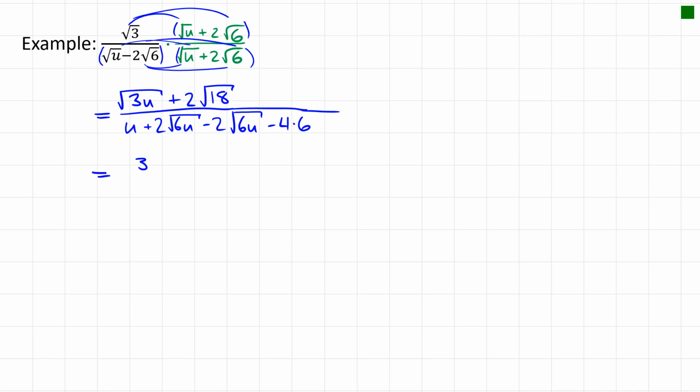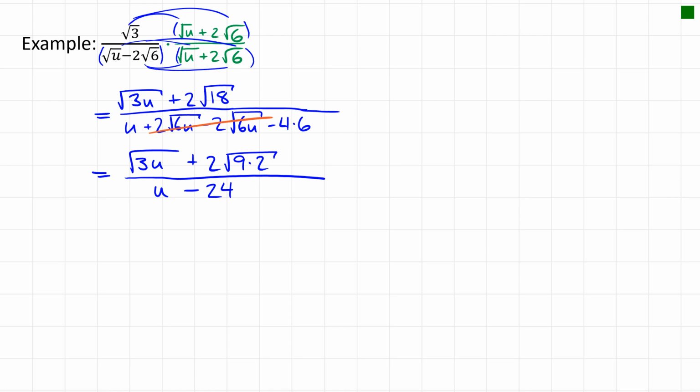So as I said, in the numerator I have 3 root u plus 2, and I can simplify root 18 by using 18 is 9 times 2. And in the bottom, I see that cancellation happen in those radical terms, and I'm left with just u minus 4 times 6, or u minus 24.